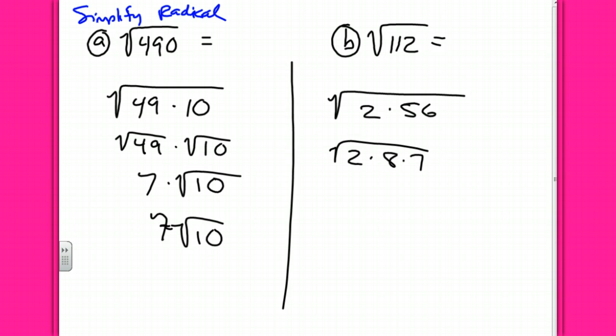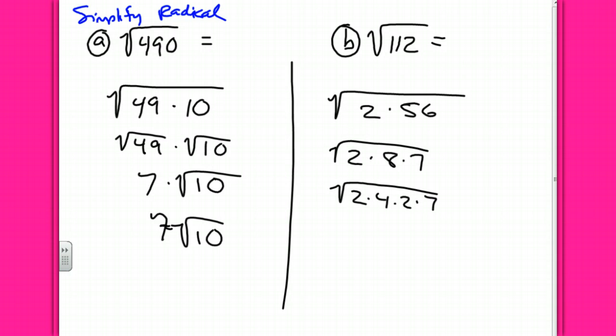Are either of those perfect square factors? 8 is? What's the square root of 8? No, but what's inside of 8? Well, there's a couple ways to look at this. Right now, we could factor 8, right? And 8 is what? 8 equals, what is it? 4 times 2.